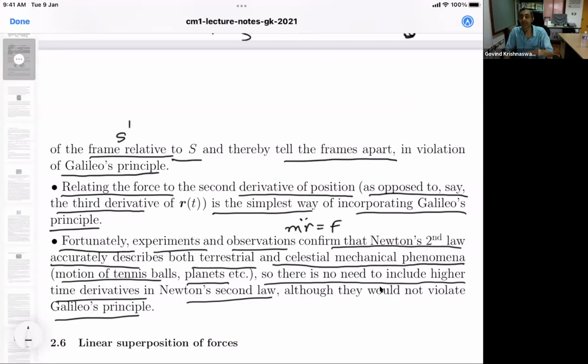But yes, I think this does address some of that. I'm sorry, there are at least 3 principles that are going in here: the homogeneity in space, the homogeneity in time, as well as the Galilean relativity principle, in order to motivate Newton's second law.